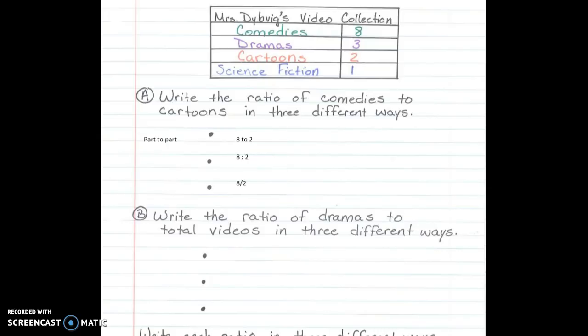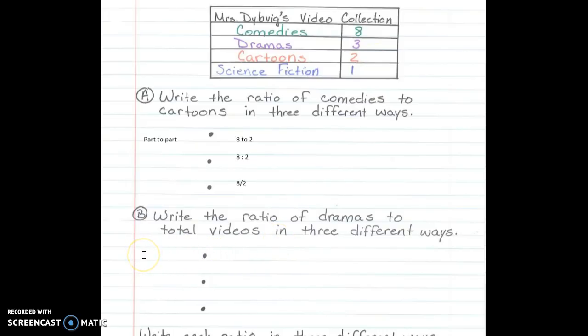So I'd like you to take a second to notice that each time I wrote a ratio, I wrote my comedies first and my cartoons second. The reason why I did this is because that is how it's listed in the word problem. It says write the ratio of comedies to cartoons. So each time I listed the 8 comedies to the 2 cartoons. Remember, order is super important.